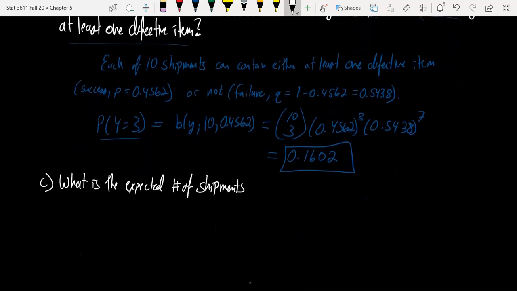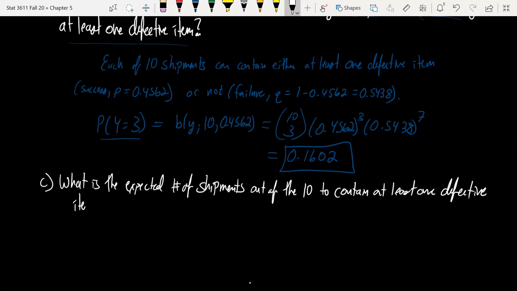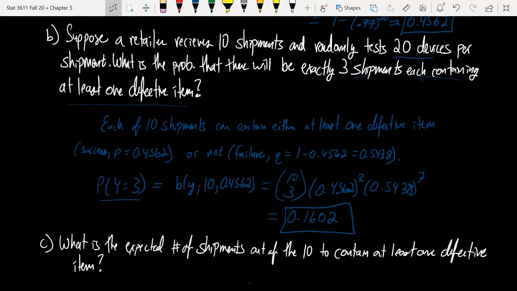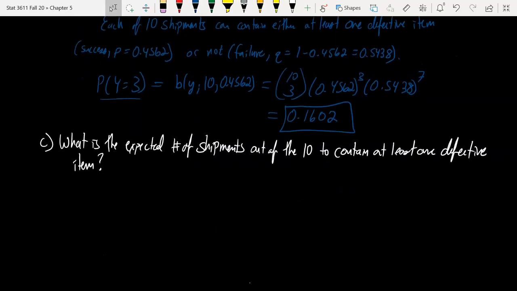What's the expected number of shipments out of the 10 to contain at least one defective item when you're testing 20 devices? This is asking for the mean, or the expected value, right?